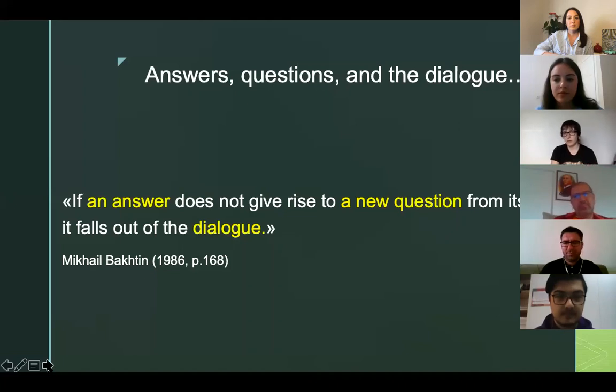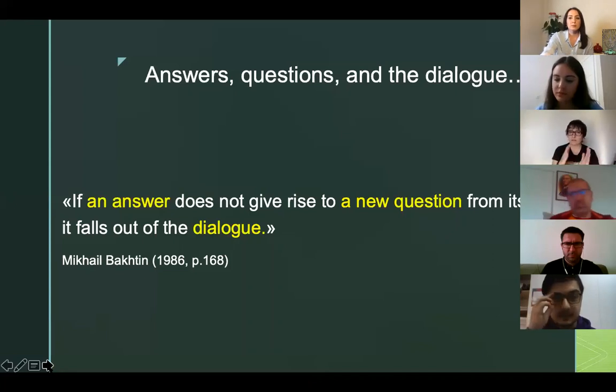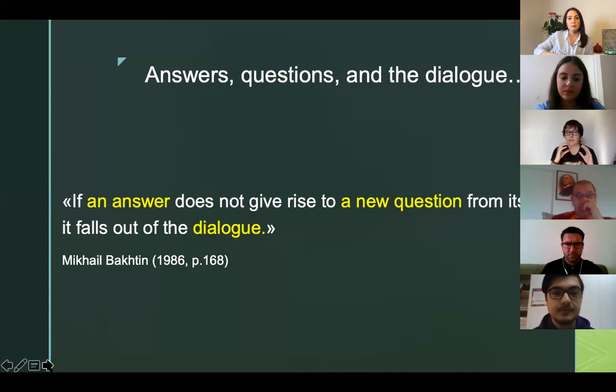I know it's hard to understand because it seems very paradoxical, right? I highlighted these three words, answer, question, and dialogue, because the dialogic approach consists of these three terms, very briefly. As the slides proceed, as the slides elaborate, you will understand what this quotation means, actually.